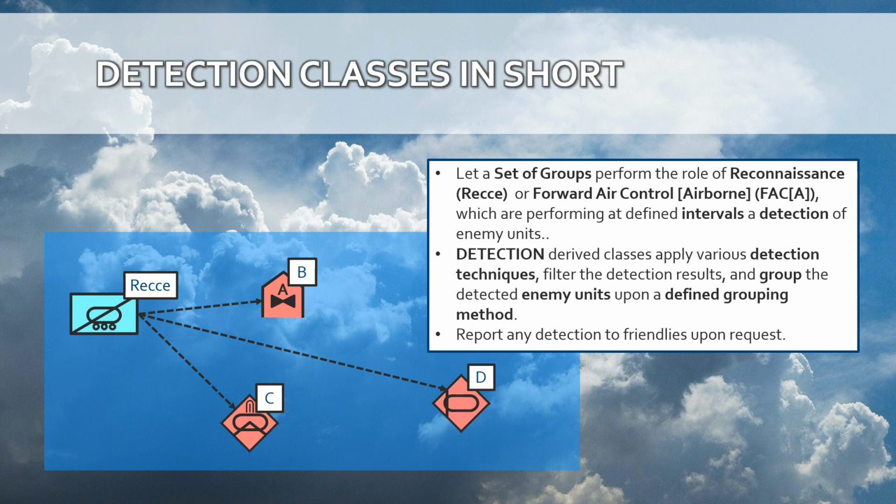Enemy units that have been detected will be grouped according to various grouping methods that have been defined within each detection class. And then after the grouping, the detection can report the groups that have been formed towards any module or any messaging system that uses that.